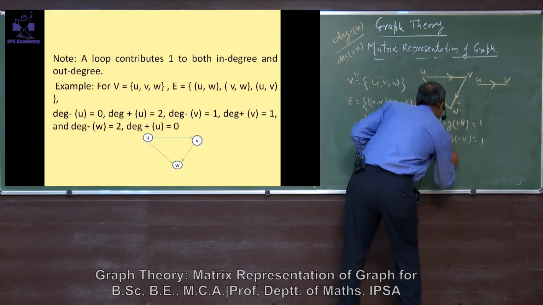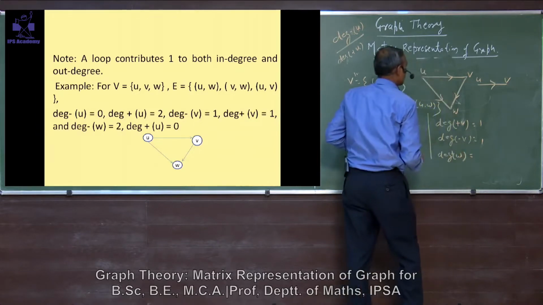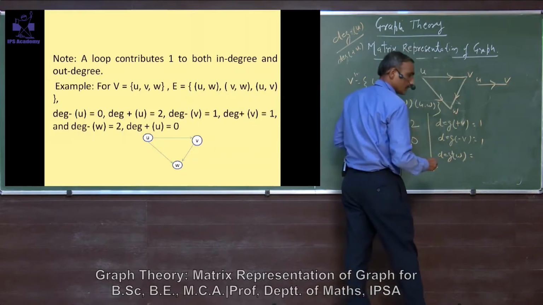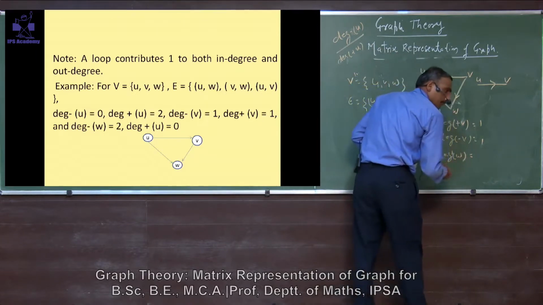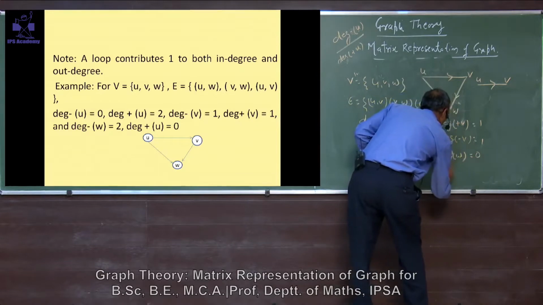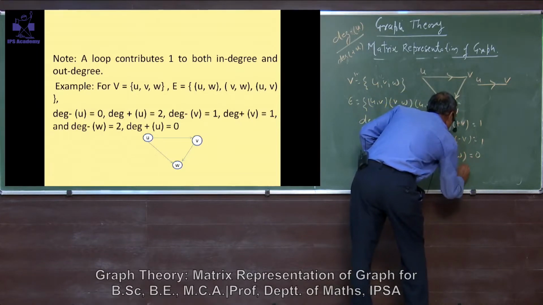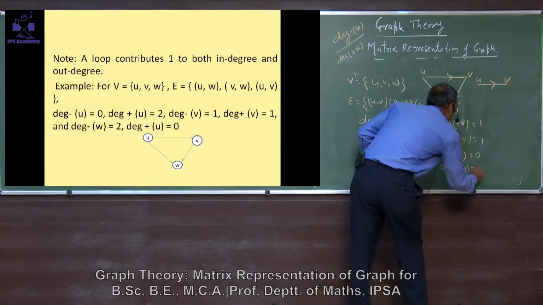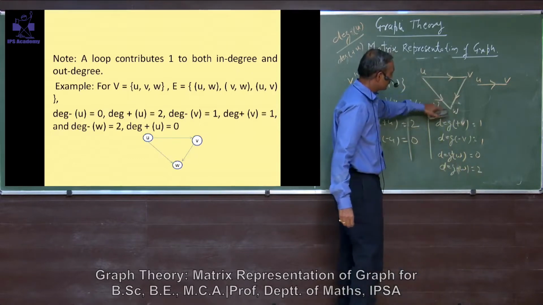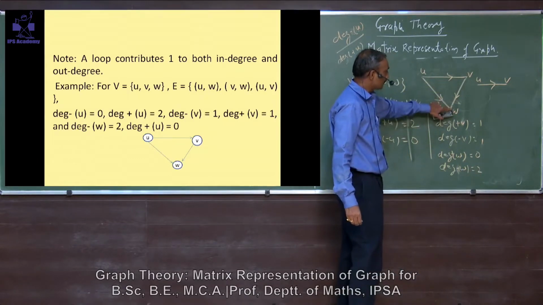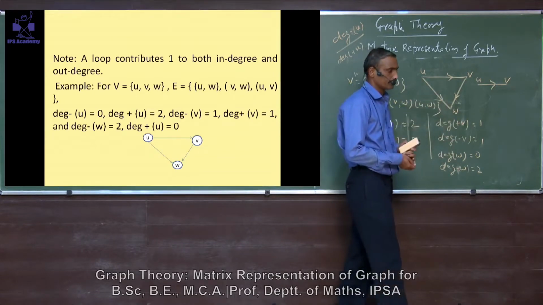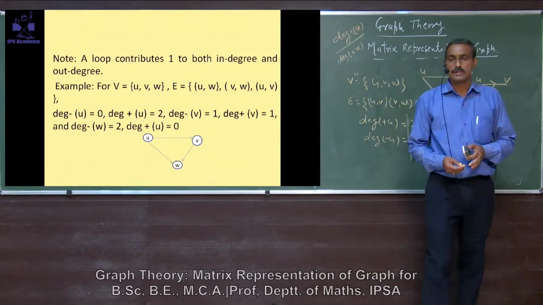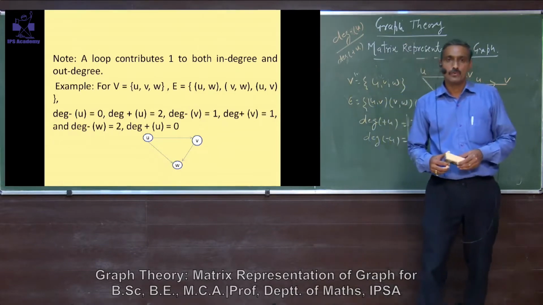Similarly, the degree of plus w will be 0, but degree of minus w will be 2 because 2 edges are incident in w, and out degree will be 0 here. So these are some basic concepts in directed graphs: in degree and out degree.